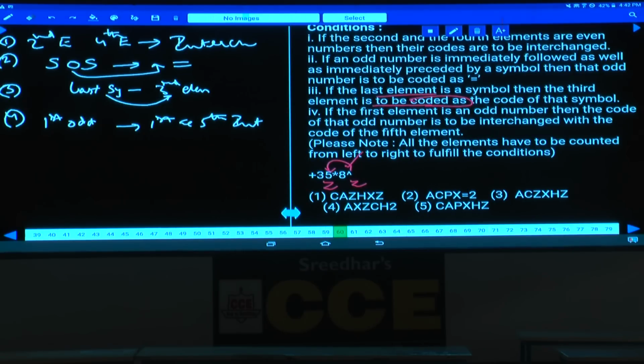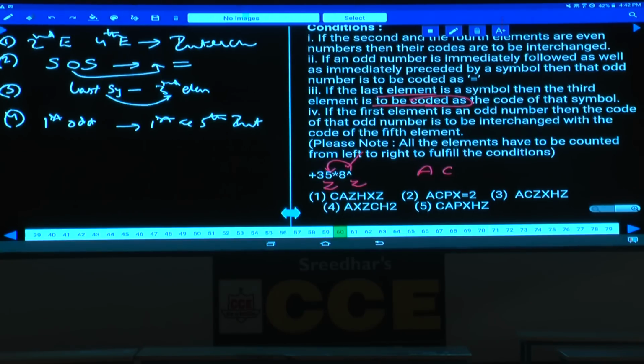Plus is A. Next, 3 and the code to 3 is C. Next, Z, and star is X. ACZ is given as choice 3, so choice 3 is the answer.